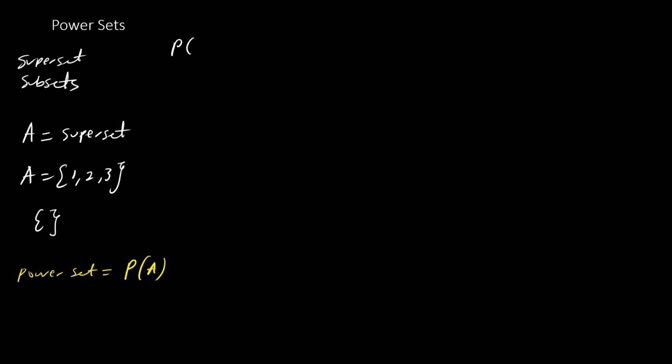So the power set of set A will now be equal to, the first one, the empty set. That will be the first set we can derive from set A. And second, we take each of the elements 1, 2, 3. So those are subsets that can be derived from set A. We can also take 1 and 2.